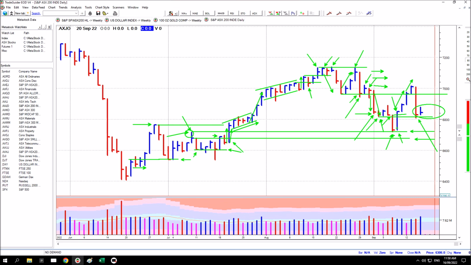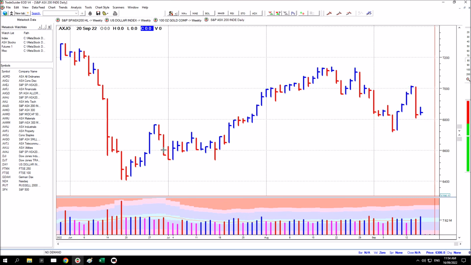But just quickly marking that chart again, so you can see, you would mark these extremities for sure, but at some point you have too many lines on your chart.